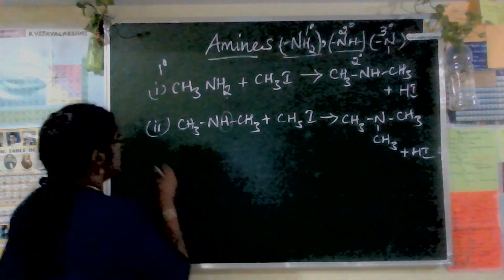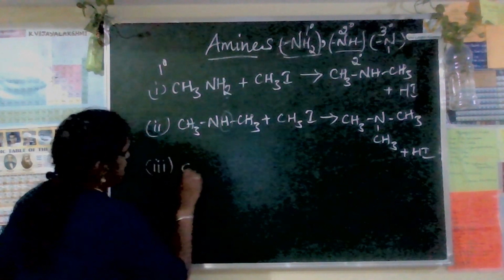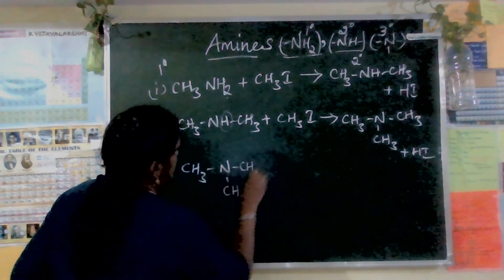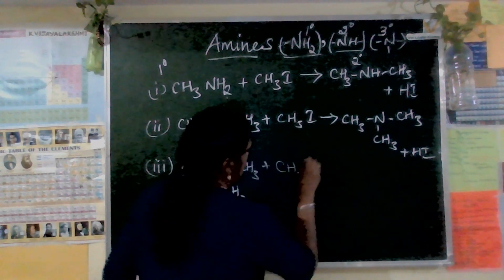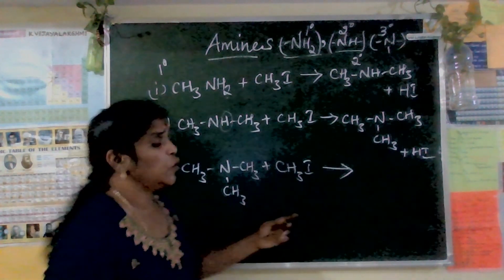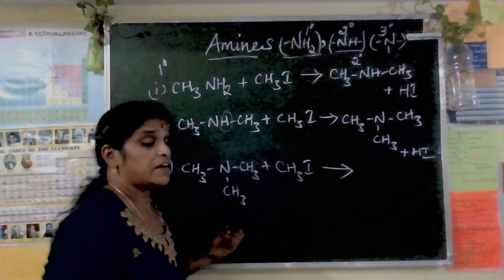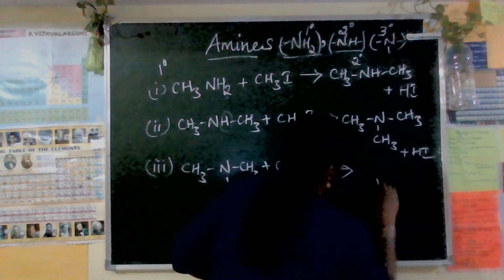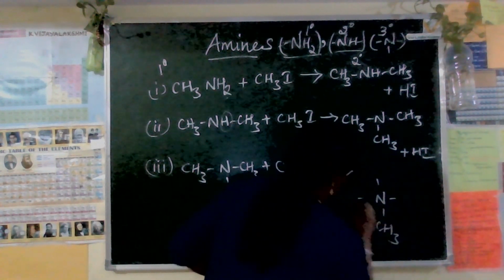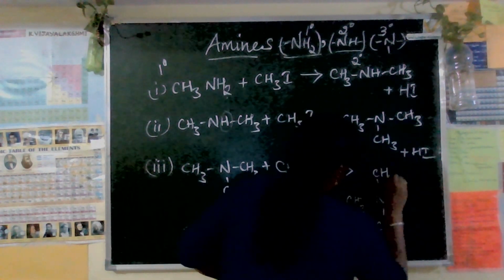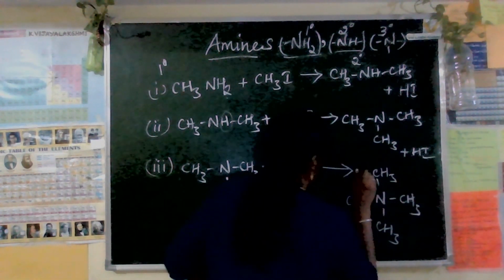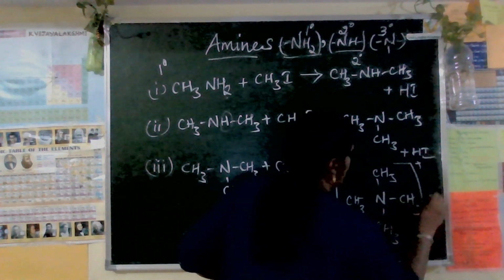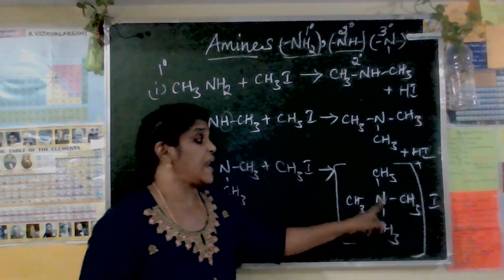Now next, the same way, third point: CH3NCH3 with CH3, combined again with CH3I. So what will happen here? You will get salt formation, tetramethyl ammonium iodide. So N with CH3, CH3, CH3 and CH3, and these combine together as a salt, I minus, tetramethyl ammonium.